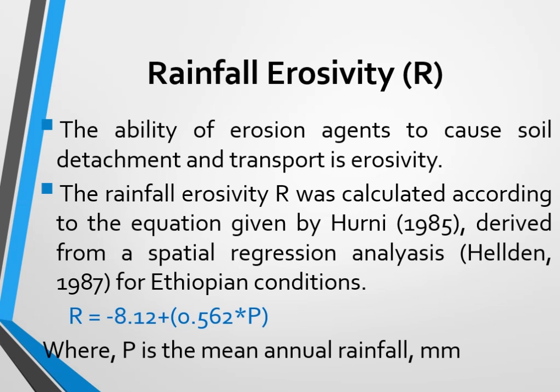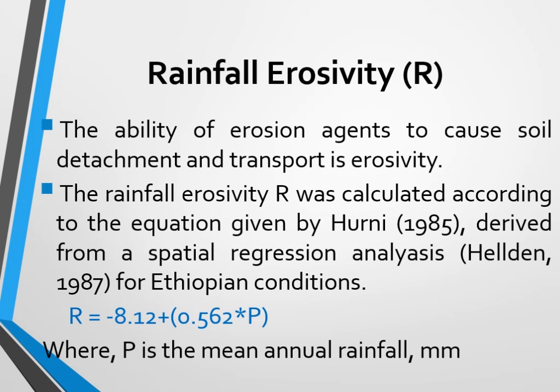Okay, therefore the rainfall erosivity R was calculated according to the equation given by Hurni in 1985 and derived from spatial regression analysis by Hellden in 1987 for the Ethiopian condition.